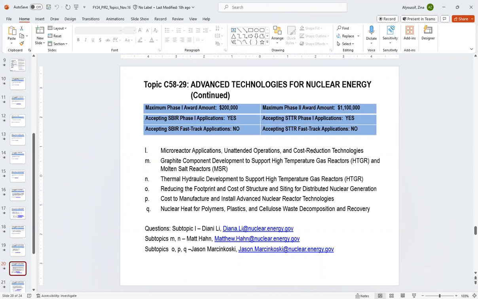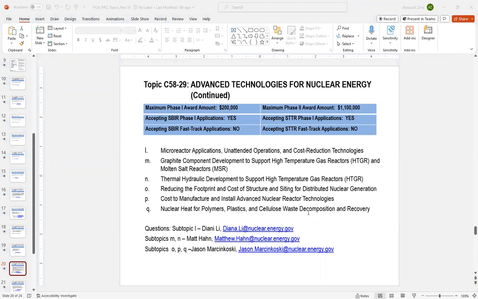The second area is helping to support unattended and remote operations of microreactors, which again helps to support the economic basis of microreactor deployment. And third, we're looking for any technologies that can result in significant reductions in microreactor costs and improve their competitiveness in deployment.